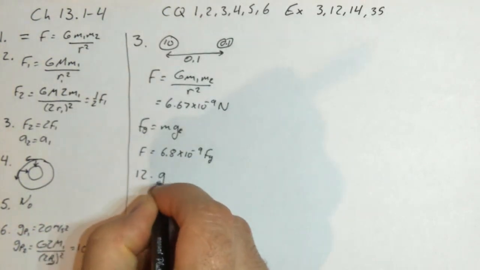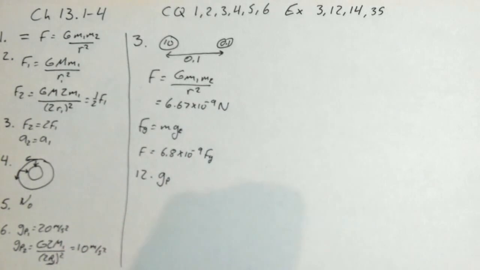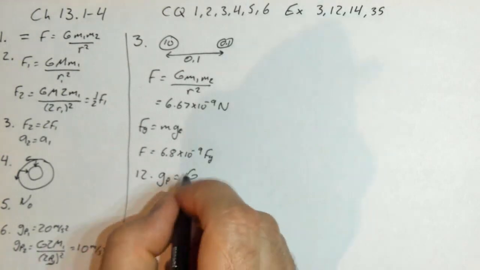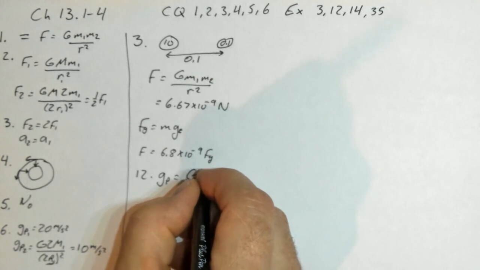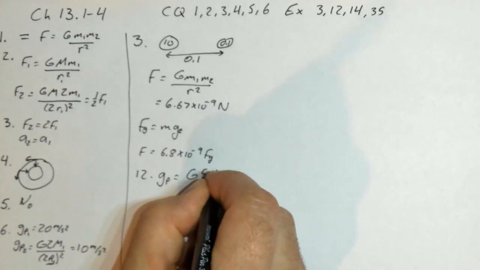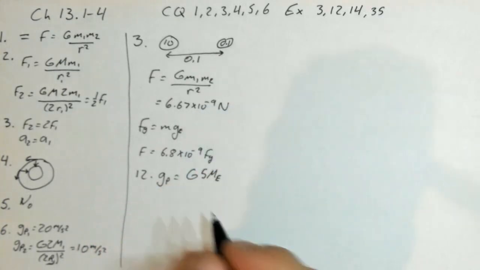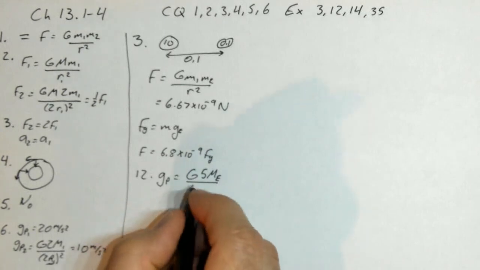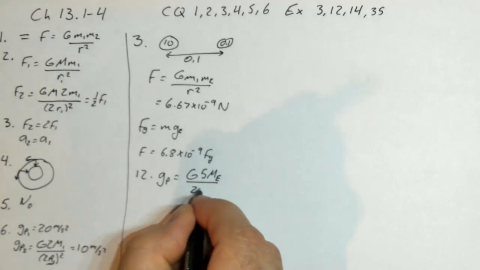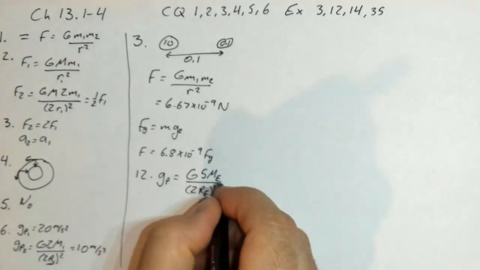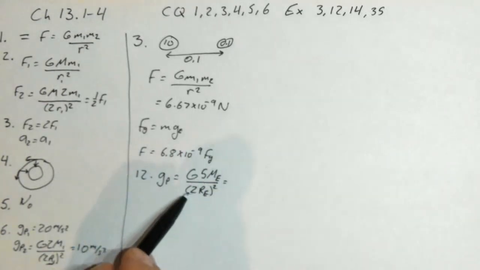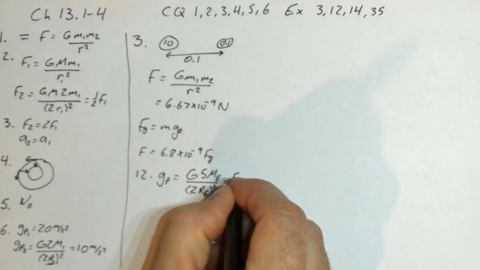So its free fall acceleration, we'll call it g sub p for this planet, is going to be equal to this universal constant, the mass of that planet, which we were told is 5 times as big, so it's 5 m of the Earth, divided by twice the radius of the Earth, which we square. That will pull out a 5 over 4, leaving behind just our normal g.